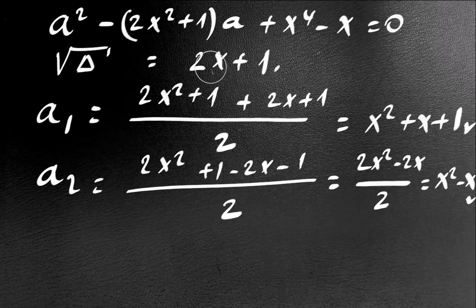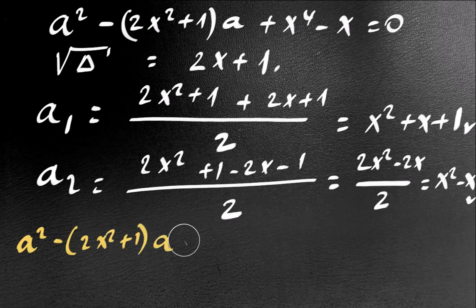So if we rewrite this expression here, we say a squared minus (2x squared plus 1) a plus x to the power 4 minus x. We can say it is equal to a minus the first root times a minus the second root, right?